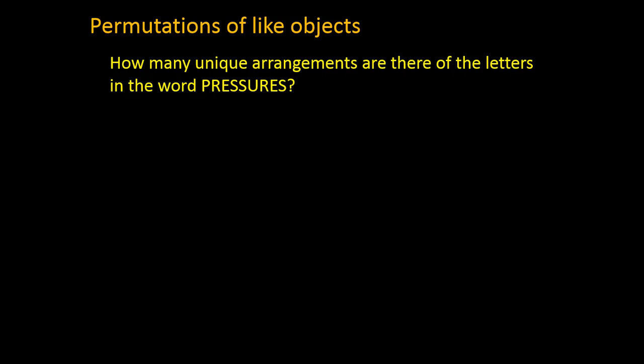When we're trying to permute, we're trying to order things that happen to have like objects in them. How many unique arrangements are there of the letters in the word pressures? So the first thing we're going to do is imagine that these letters are all different. There are 9 total letters, and if they were all different, we could order all 9 of them without any regard for any repetitions.